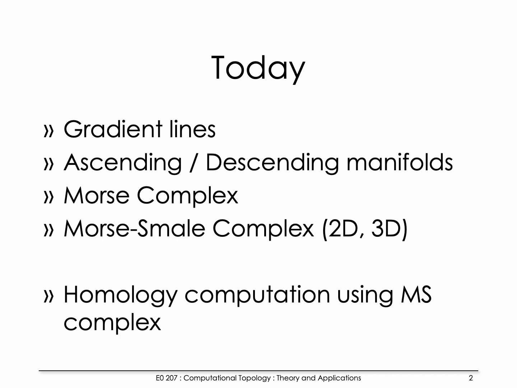The ascending and descending manifolds are represented in the form of a cell complex called the Morse complex, and we will see there are two types of Morse complex that together constitute the Morse-Smale complex.